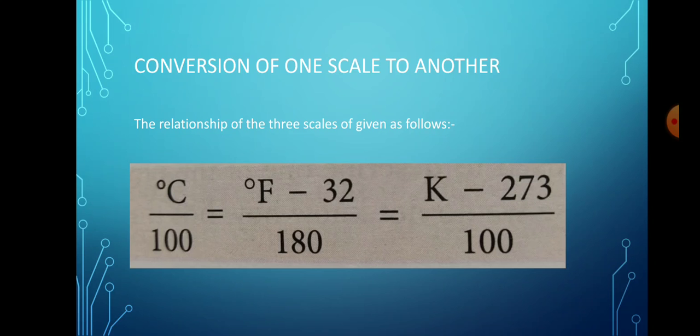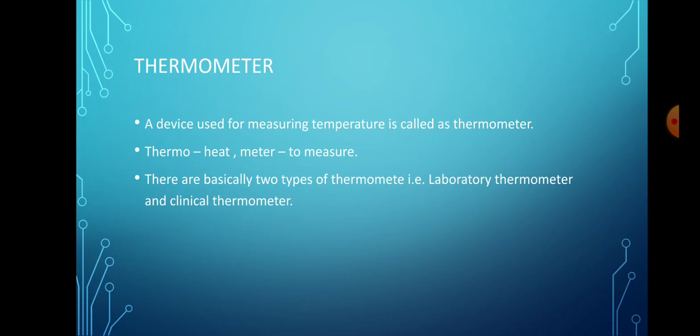And similarly, if we want to convert degree Celsius into Kelvin, we can take degree Celsius upon 100 is equals to K minus 273 upon 100. In this formula, degree C represents degree Celsius, F represents degree Fahrenheit, and K represents Kelvin.